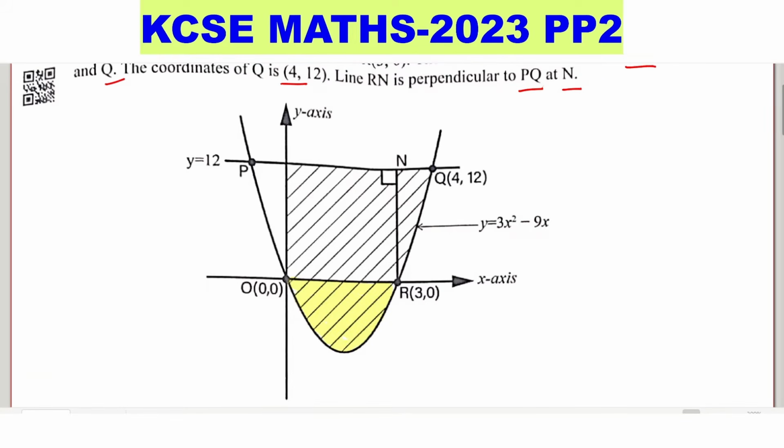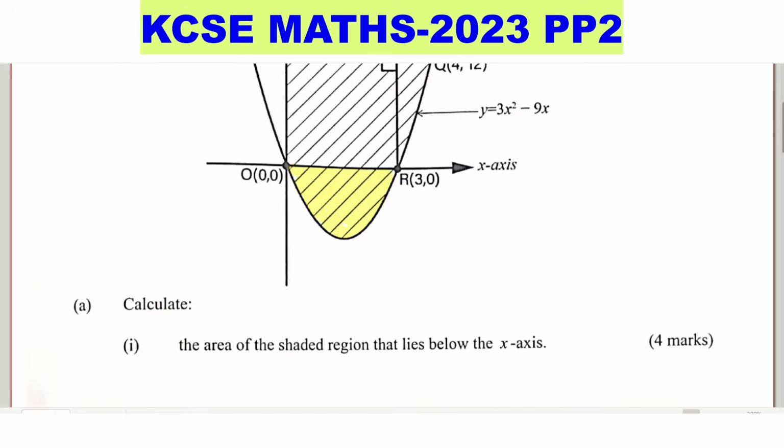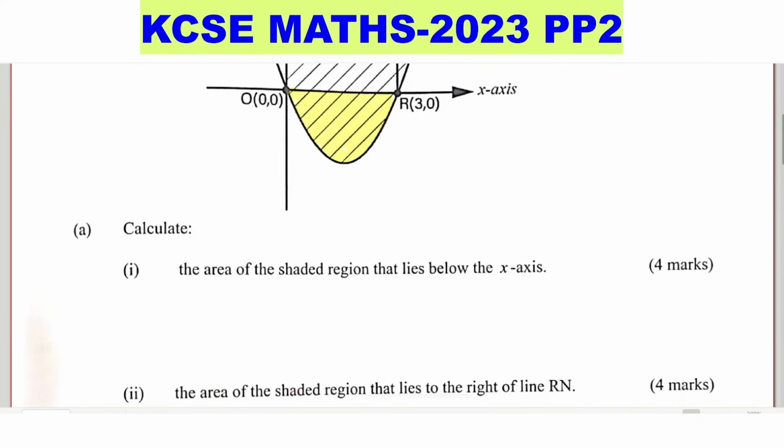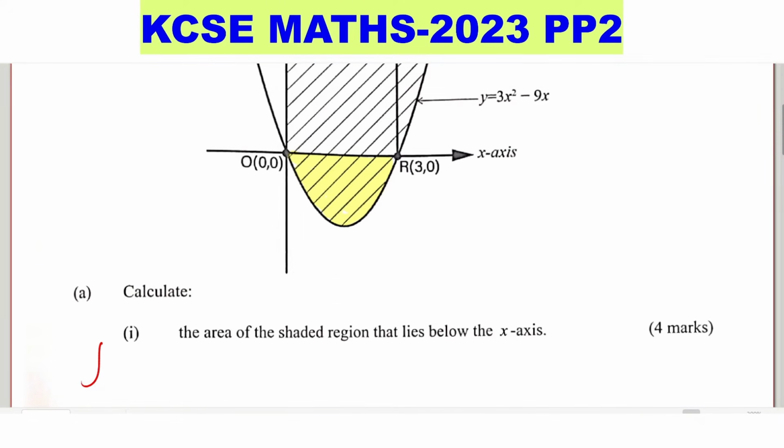So to get the area of that region, we are going to integrate using the function of that curve. The limits are from 0 to 3. So we integrate from 0 to 3. The function of that curve is 3x squared minus 9x, and you do this with respect to x.